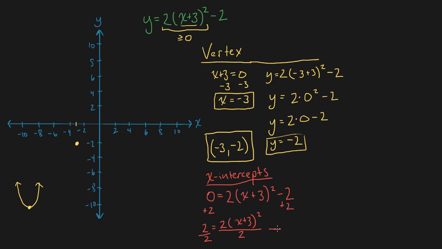So I'm going to continue over here to the right. That's going to give me 1 is equal to x plus 3 squared. And now when we're in this situation, we can use the square root operator in order to undo our squaring operation on this side.